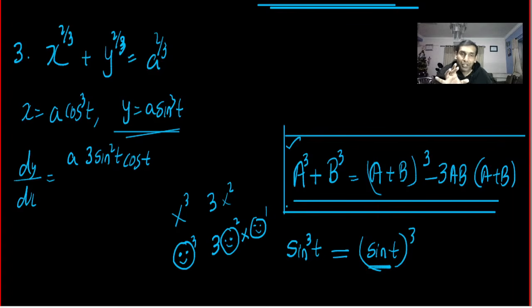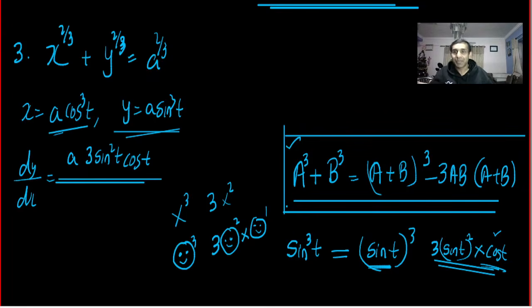Can you see something cube? So the derivative will be 3 into same thing the whole square. Don't stop with that. Multiplied by cos t. This is a common mistake I find most of the first year engineering students do. Okay, divided by. Come on, tell me, how do you differentiate this? This is cos t the whole cube.